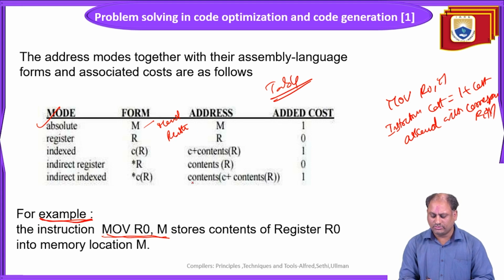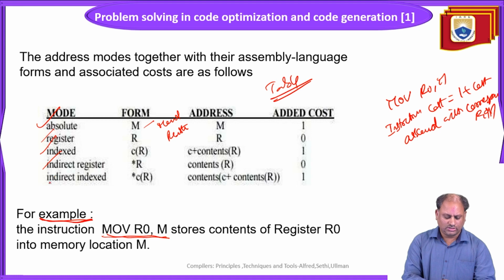Before the example, we have taken a table with the corresponding modes: absolute addressing mode, register addressing mode, indexed addressing mode, indirect register, and indirect indexed addressing mode. So this one is memory and registers, contents of R, pointer registers and star with contents of R. Now in the case of address, memory, registers, contents of R, and C plus contents of R, that means here the pointer notations.